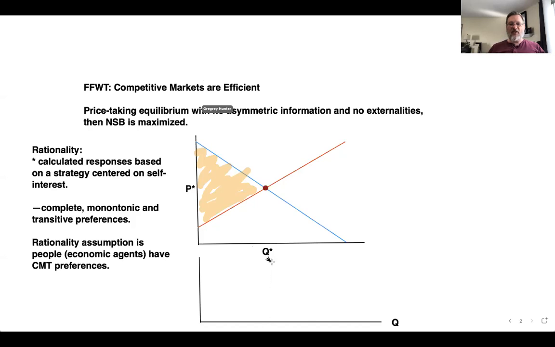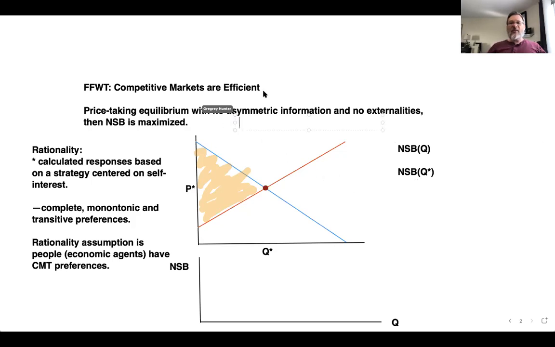Okay, so I'm not going to label Q star there specifically, but what I'm going to put on this axis is net social benefit. We can think of net social benefit as being a function of Q, and specifically the orange area we have there is the net social benefit of Q star. That's one thing we will have computed, right?